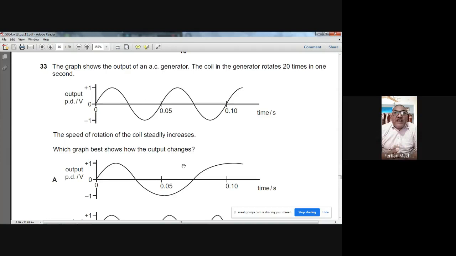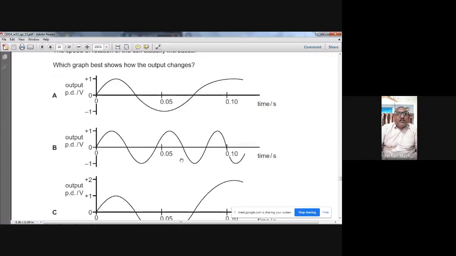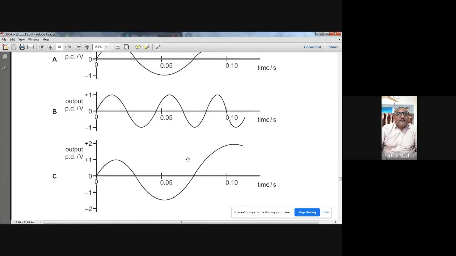Plus, the frequency will increase and the time period will decrease. In the same time span shown on the graph, more waves should be shown here. So gradually the amplitude should increase and the time period should decrease.